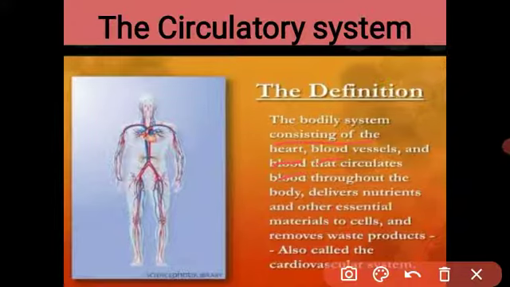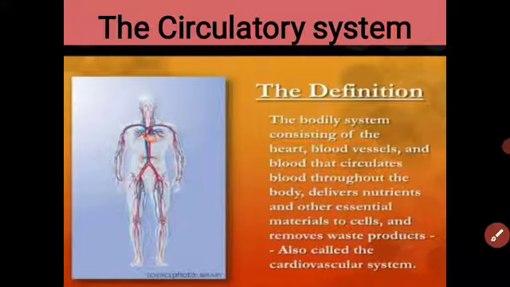This system is called the circulatory system. The blood is never stationary, it is always in motion. Blood always circulates the whole body within the heart, arteries and capillaries. Got it, student? What is the definition of circulatory system?